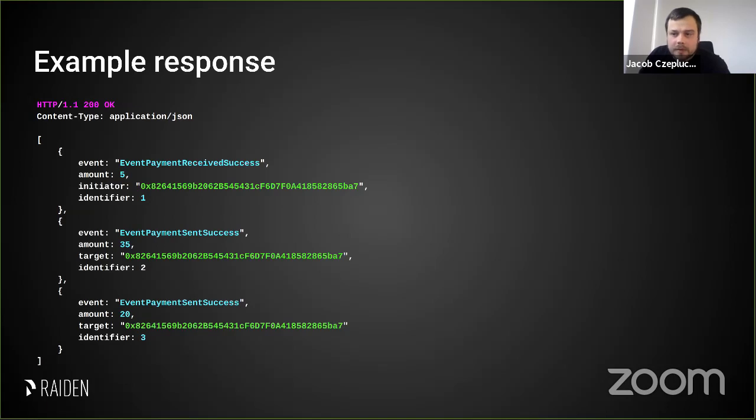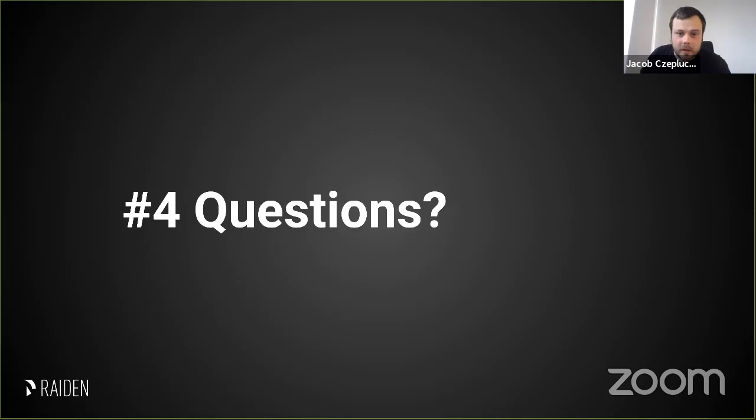Then there's a question about the light client: will the light client provide users with paths without having to run a full node, and will the light client users have to stake collateral?